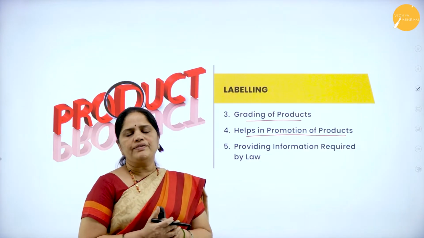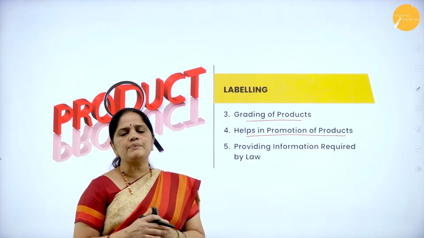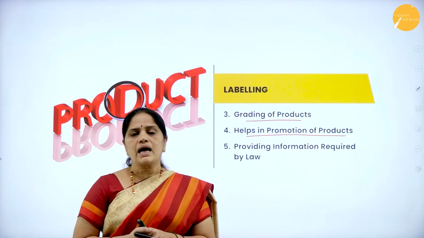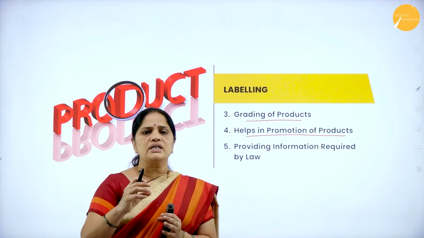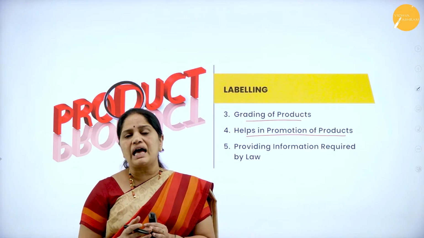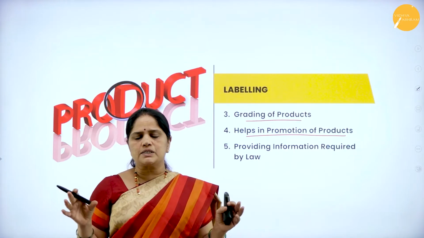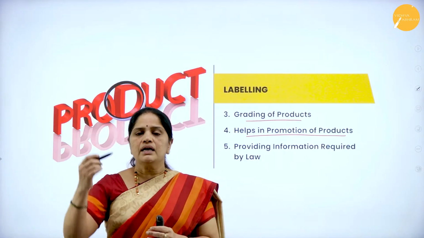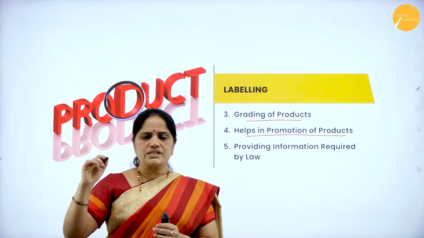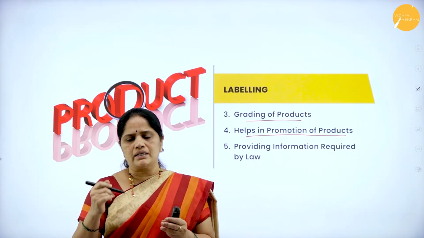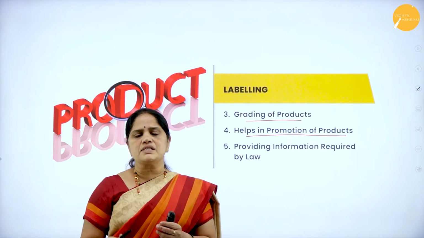Then, the next function of labeling is that it helps in promotion of products. How does it help in promotion of products? Whenever we visit a mall and see the products displayed there, we will be able to see 25 grams free, or 50% off, or extra, or a toothbrush free along with this package.